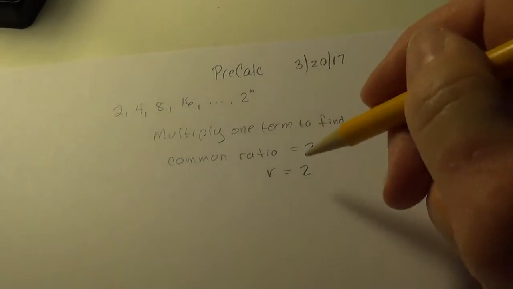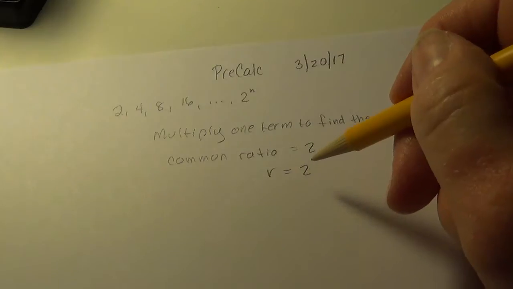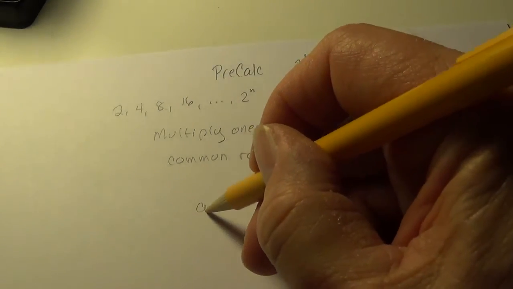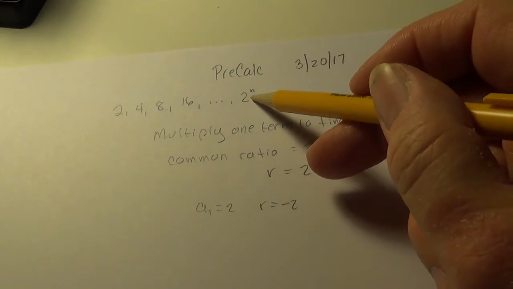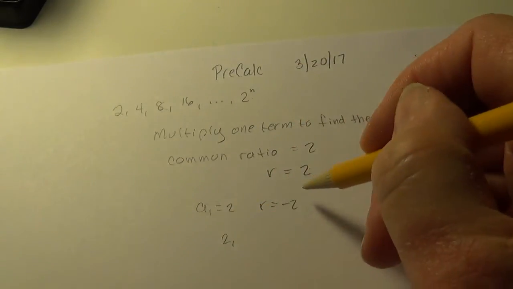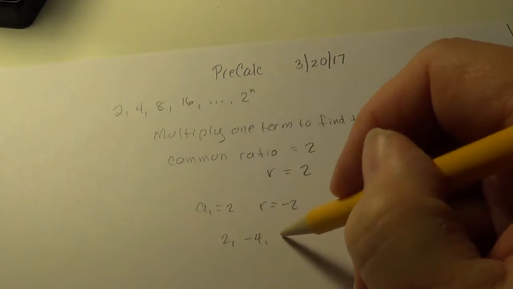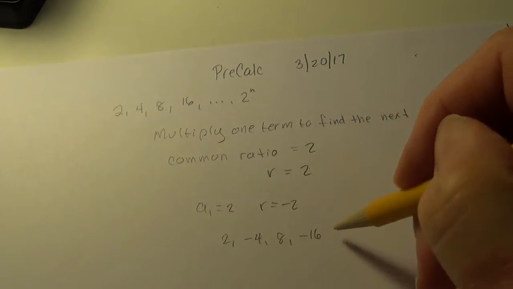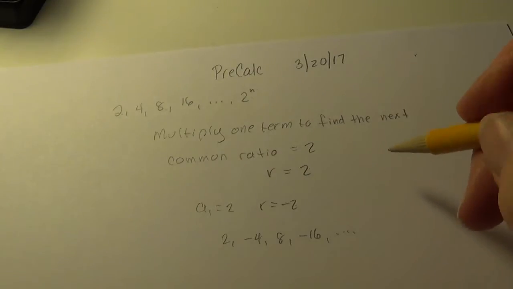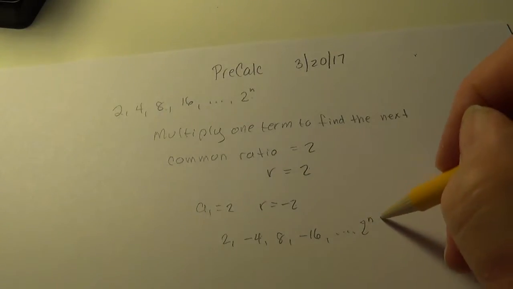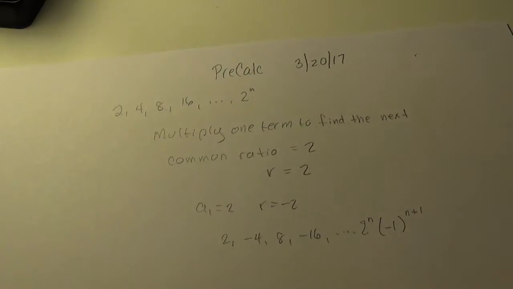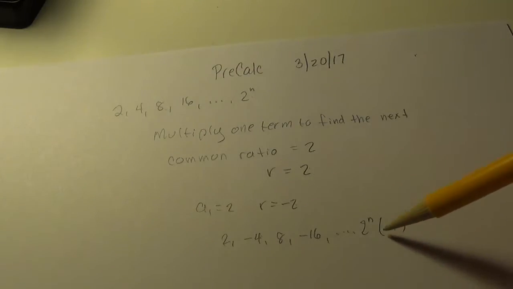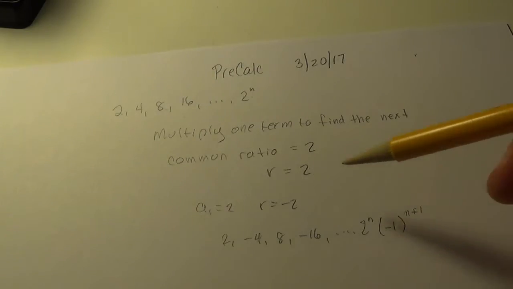Notice R can be a positive number, but it can also be a negative number. What if the first term is 2, and R was negative 2 instead of positive 2? What would this sequence look like? Well, we'd start with 2 times negative 2 times negative 2 times negative 2, etc. So this time we have 2 to the n times negative 1 to the n plus 1. I think in this case we need the first term to be positive, so when we put a 1 here, we need this to be an even number, causing the whole number to be positive.